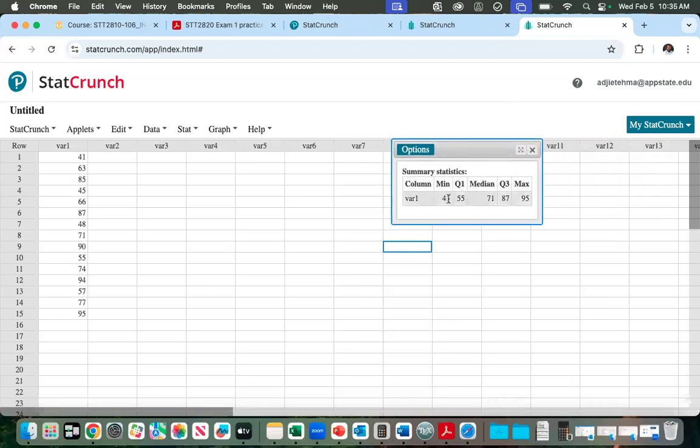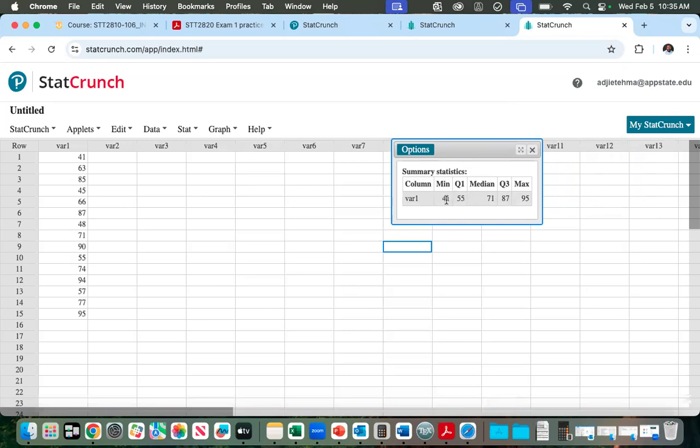So we have 41. The next one is 55. So you see, they want you to be able to know the order. Is that okay? So you should be able to put them in order. Otherwise, you might not get it correct.